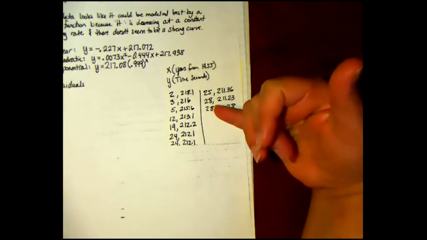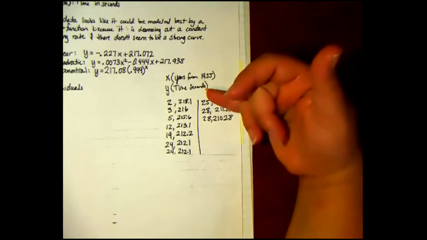But considering it ended at 28 years from 1955, I could do 40 years from 1955. Or I could figure out how many years 2020 is from 1955, which is 65 years, so I could plug in 65. Whatever prediction I want to make.